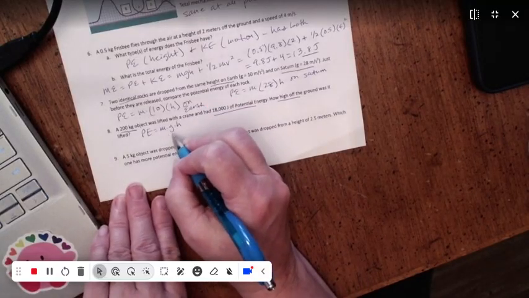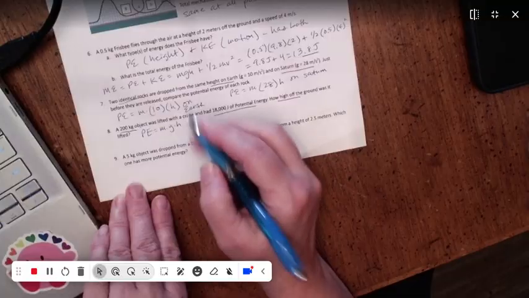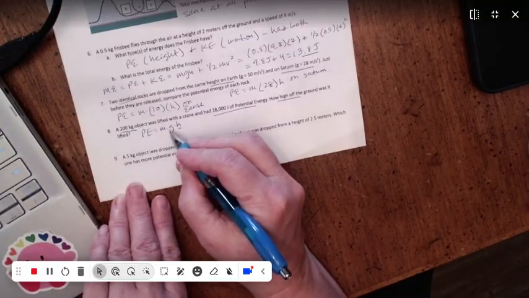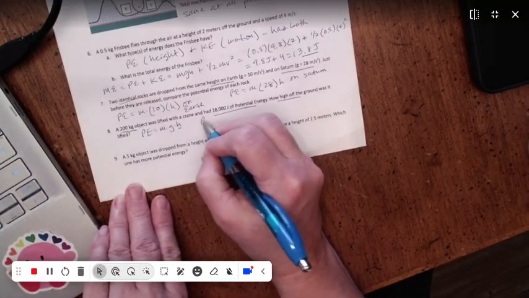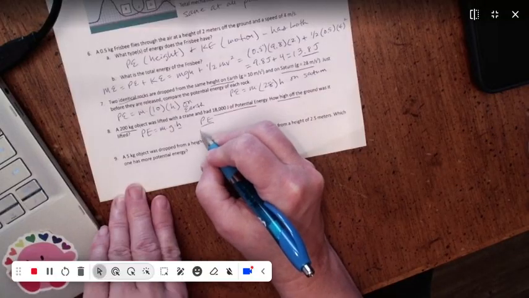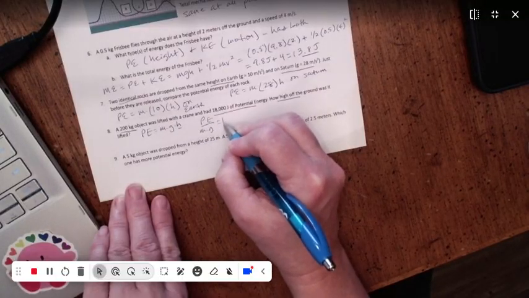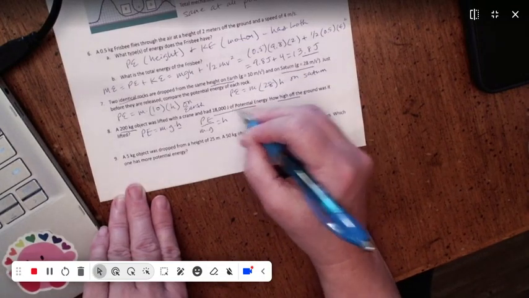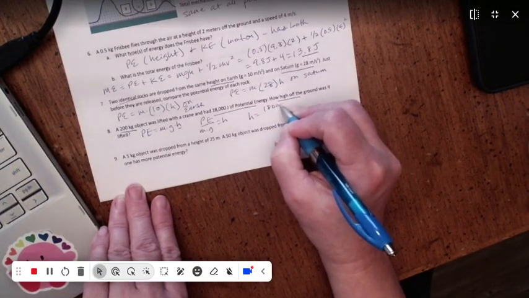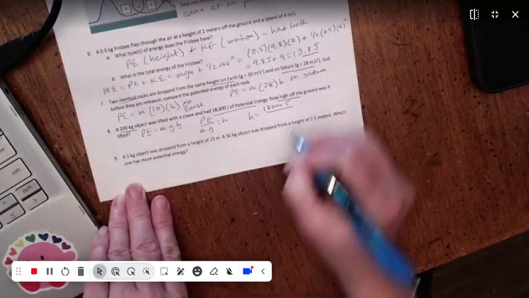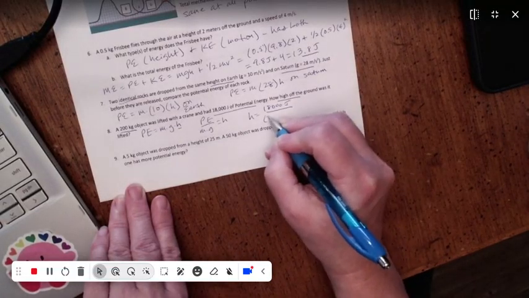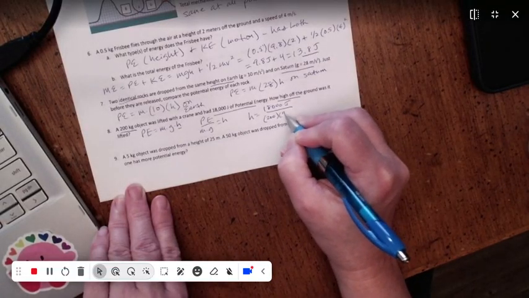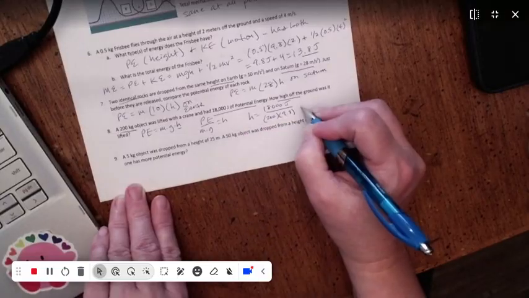In order to solve this for height, I would divide both sides by m times g. So I end up with potential energy divided by m times g equals height. Height is 18,000 joules, that's my potential energy, divided by 200 times 9.8, because that's m times g.